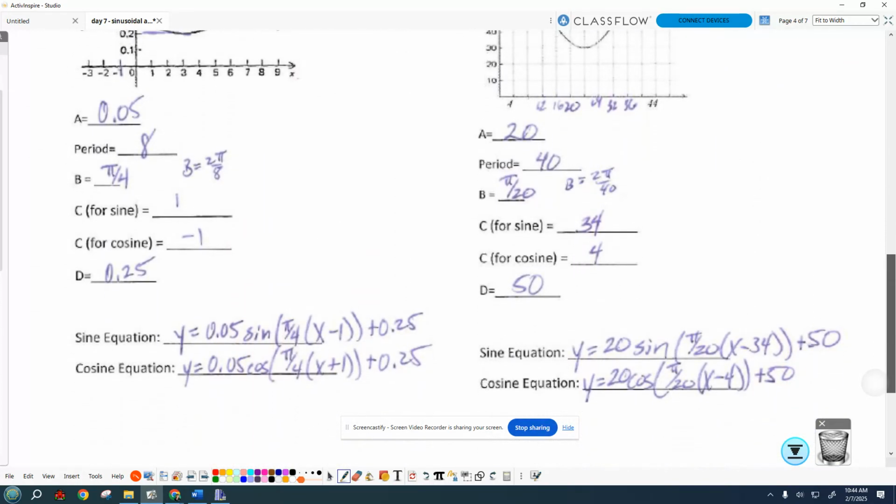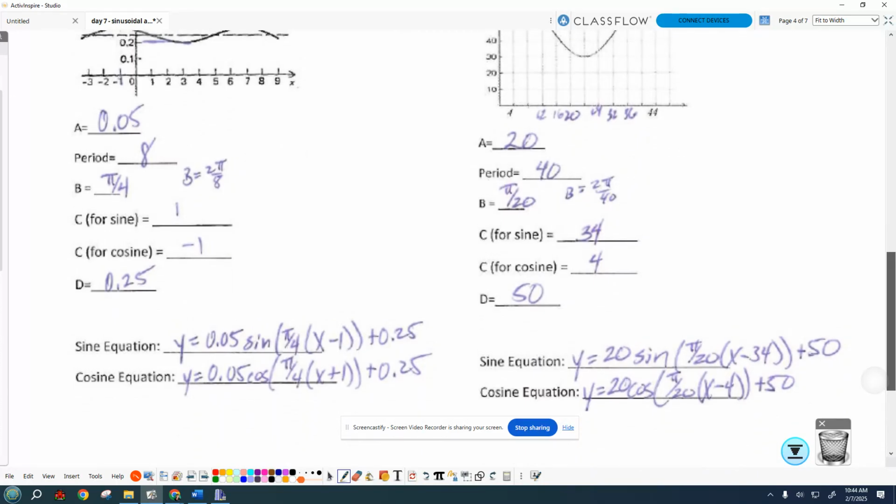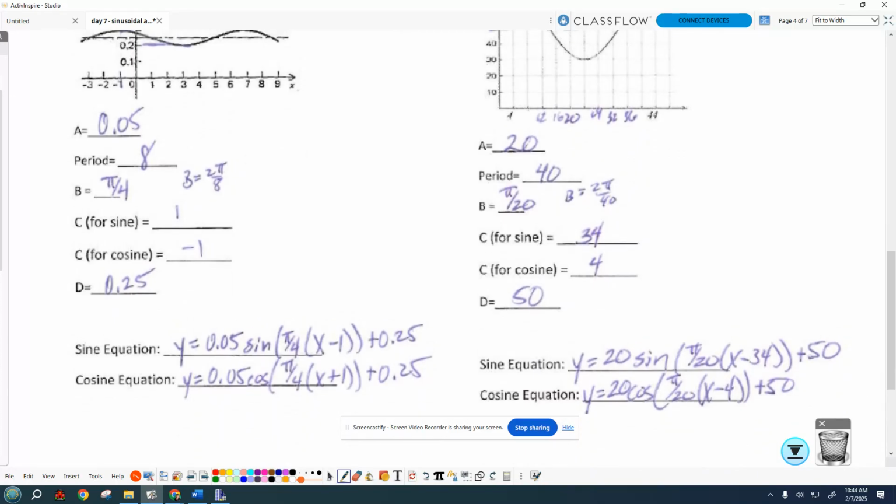And I believe there was an issue with one of these. Is it the A on the left one? I think it's 0.1, right? No. Well, no, because from the midline, yeah. People really didn't like the last one because they told you on the scale, x is 4 and 44. They didn't give you the rest of the stuff.